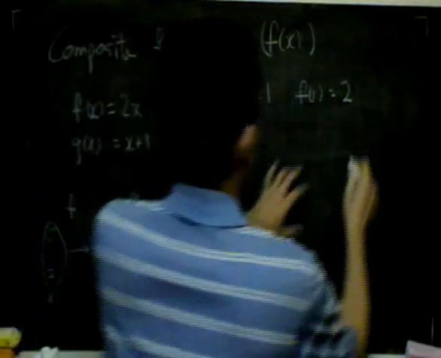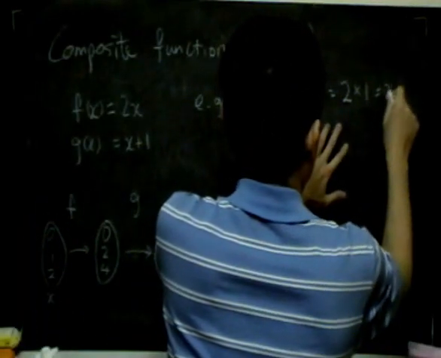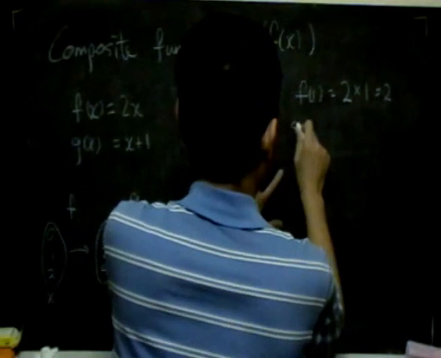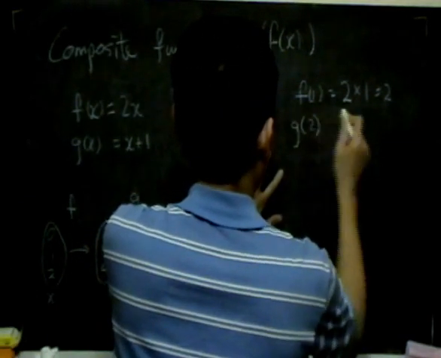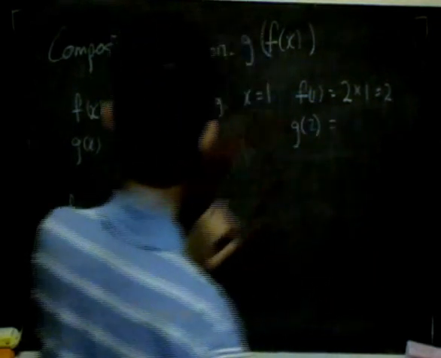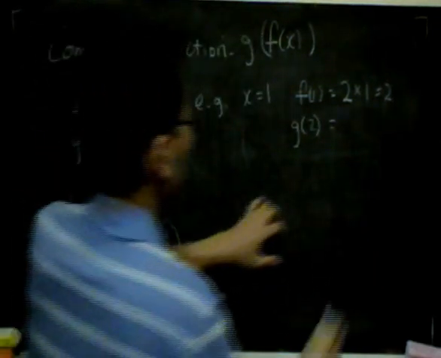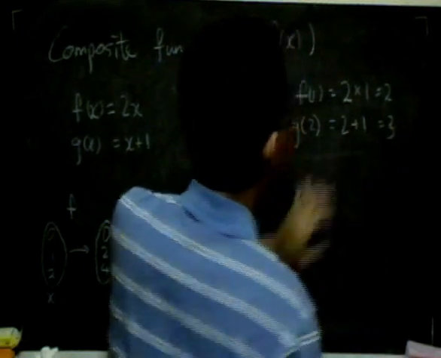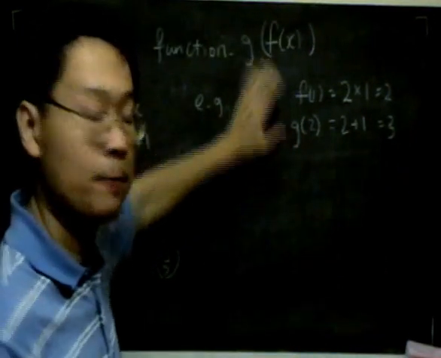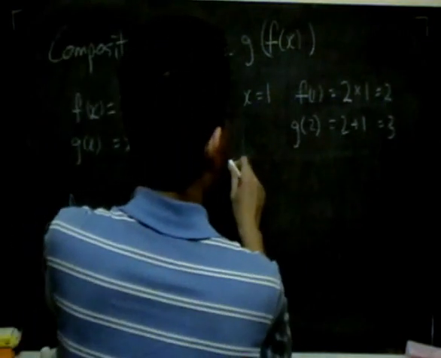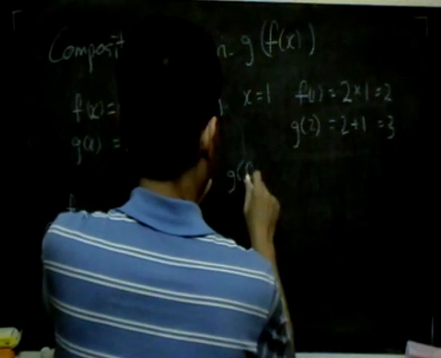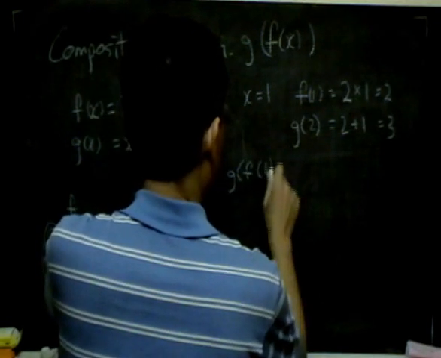I would then apply g to that answer, so g of 2 would be x plus 1, so it will be 2 plus 1, which is 3. Now if I write it that way, it would look like this: g bracket f bracket 1.